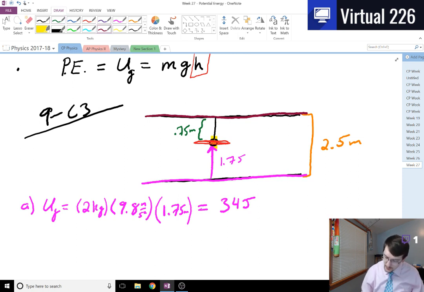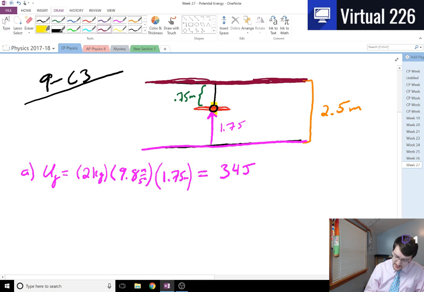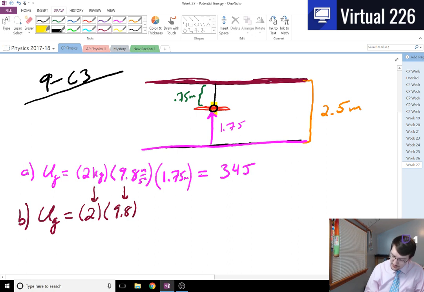For part B here, we are looking at what is that potential energy of this lamp relative to the ceiling. So for part B, we're using the exact same equation, UG equals mgh. So there's our 2, there's the 9.8 from previously, we just bring those straight down. The thing that changes here is the height. In this case, our lamp is 0.75 meters away, but it is below the reference point.